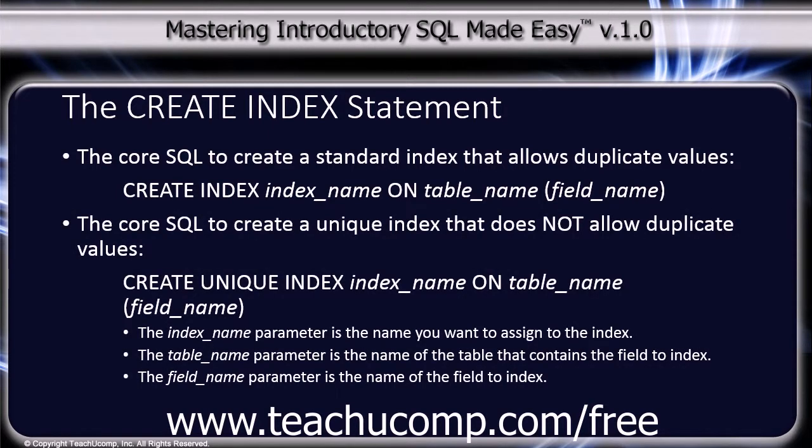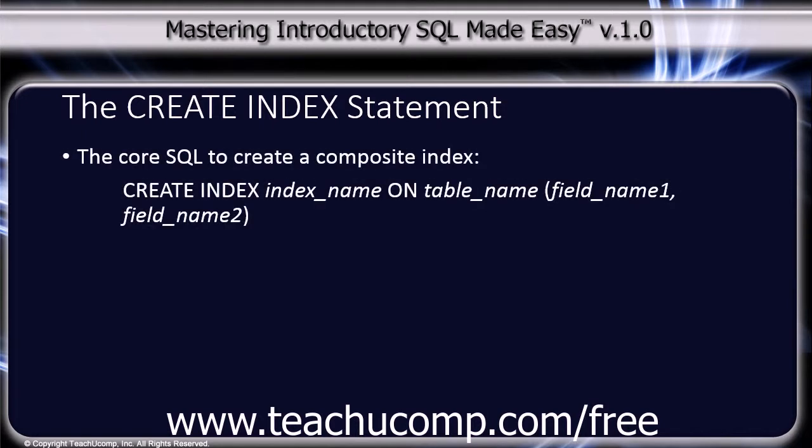To create a unique index that does not allow for duplicate field values, use the CREATE UNIQUE INDEX SQL statement, followed by the index name, then ON, followed by the table name, and then the field name in parentheses. Note that in both these examples, index name is the name that you want to give to the index. The table name parameter is the name of the table that contains the field to index, and the field name parameter is the name of the field within the table to index.